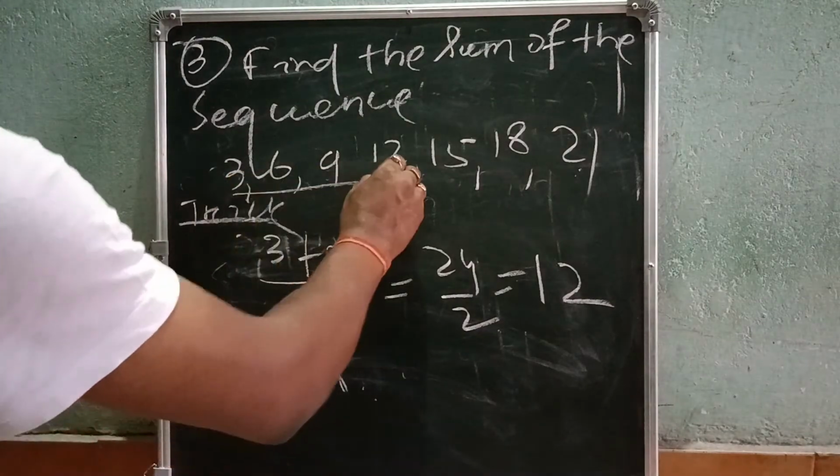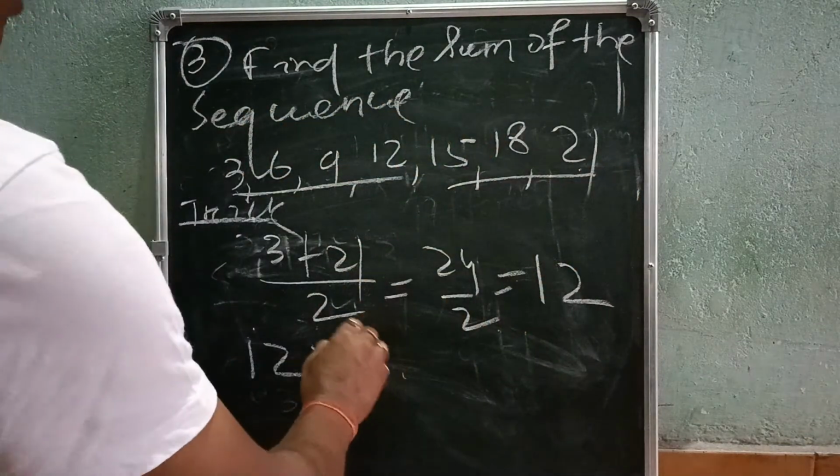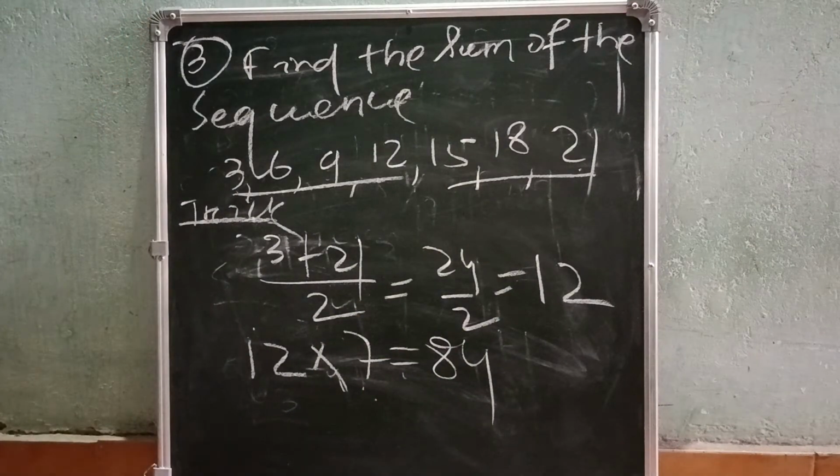In the sum of the sequence, how many terms? 7. So into 7, the answer is 84. You just add the first and last term, divide the result by 2, which means the average, then multiply with the number of terms, and automatically the value will be found. That is the sum of the sequence.